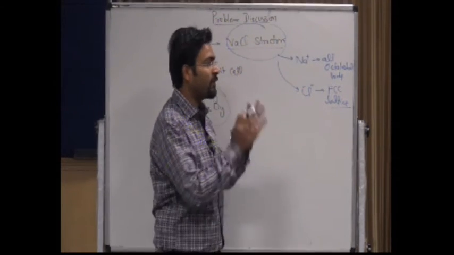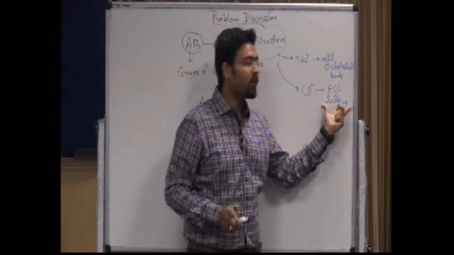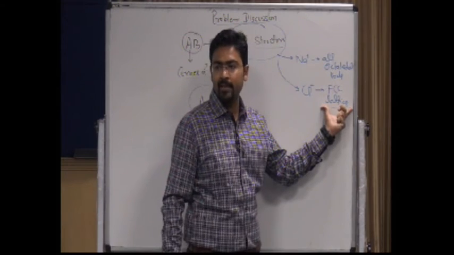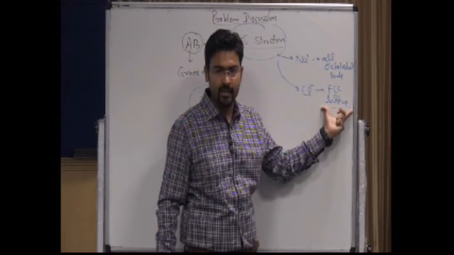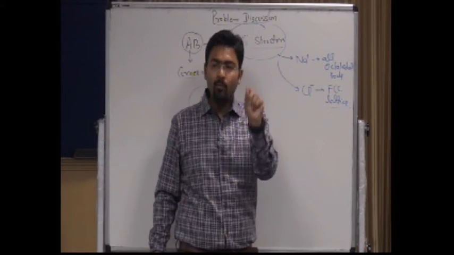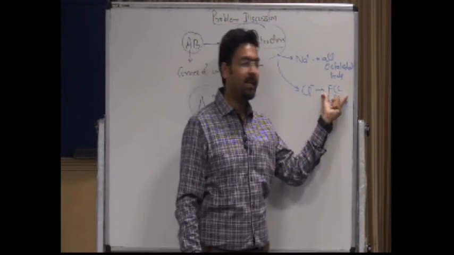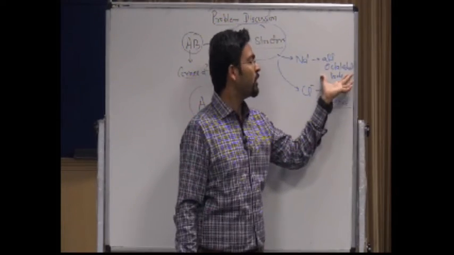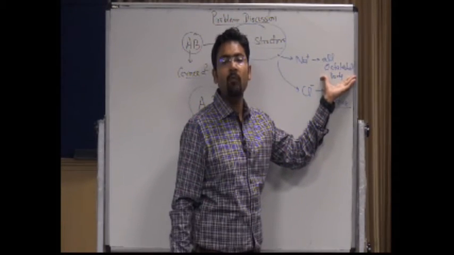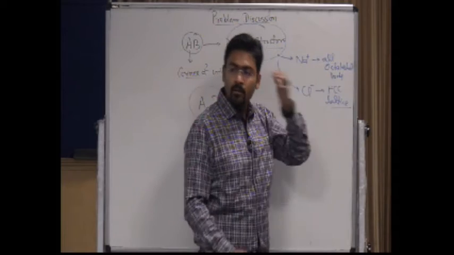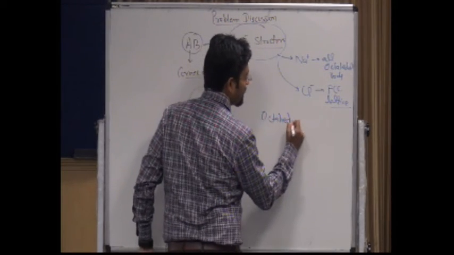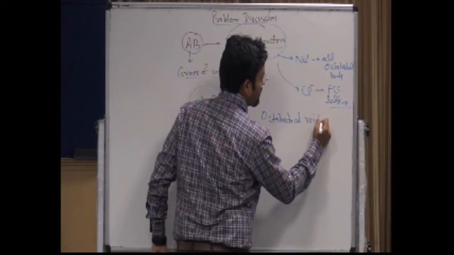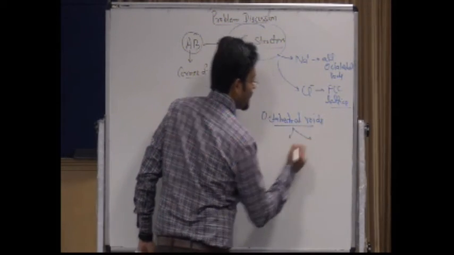For example, the way you describe the position of particles in an FCC lattice, at the corners and at the center of the faces, you can allocate a position to the particles. Similarly, you can also allocate the position of a void in that lattice. So octahedral voids are present at two positions.